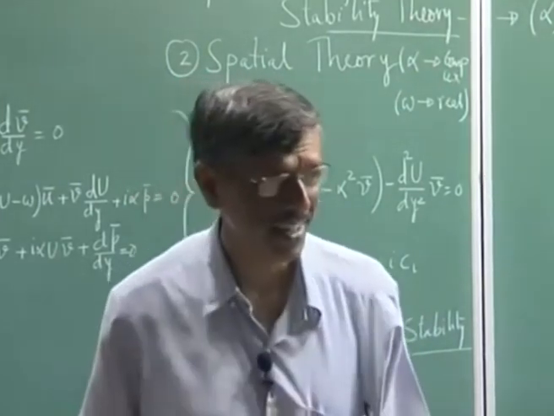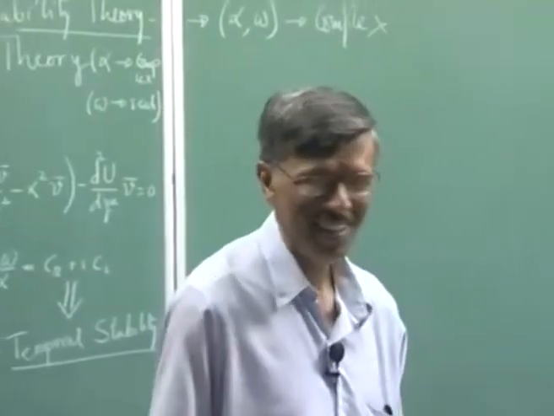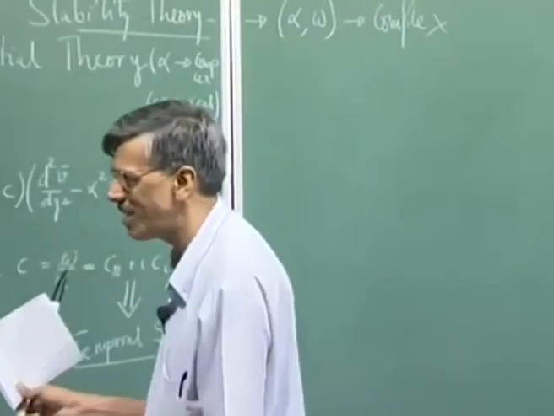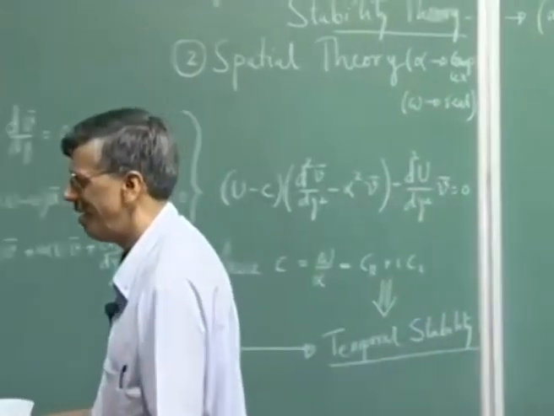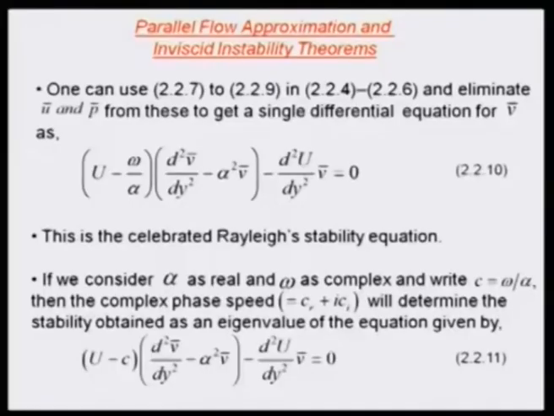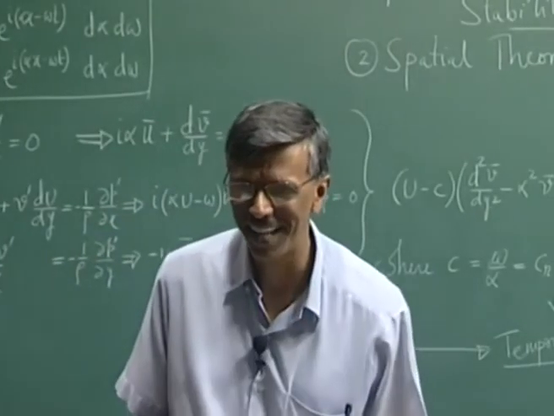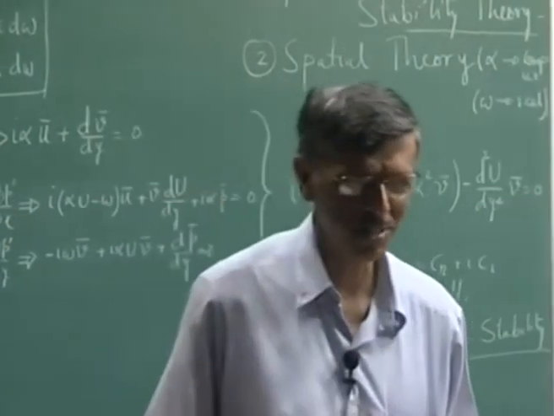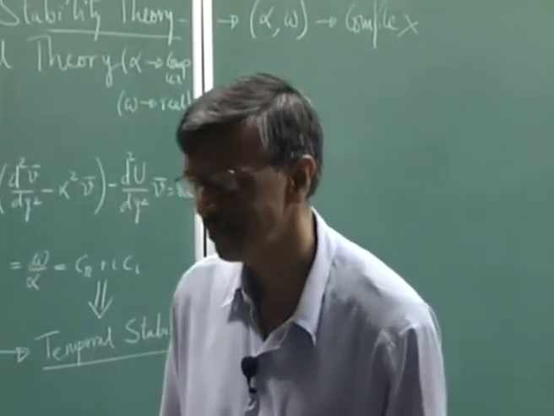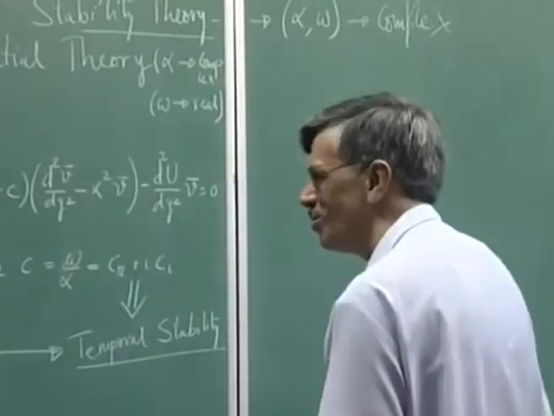So, U of y was completely unknown, and well, one could take something, but that kind of assumption or approximation would not interest people of Rayleigh's caliber. They said, let us figure out if we can get some information about the stability or instability without even solving this equation, and that is what we are going to do next.